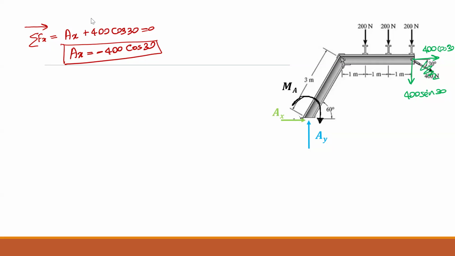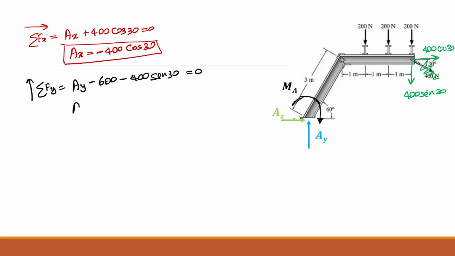Now you can consider the y direction forces or take the moment. In the y direction, you have 1 unknown, so it should be fine. So we have AY positive minus 200, so it's altogether 600, minus 400 sine 30 equals 0.